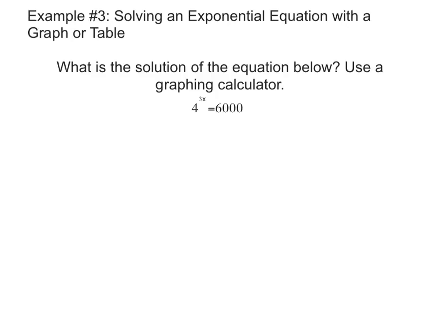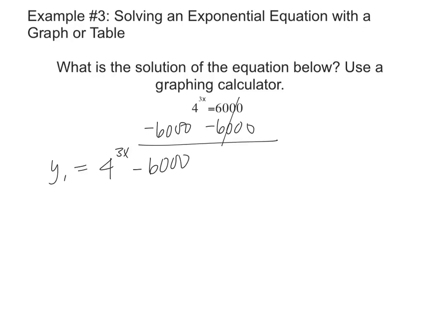So what we have is 4 to the 3x equal to 6,000. We've been doing this for quite a while now. What we would do is subtract 6,000 on both sides. And what we would type into the y1 section of our calculator is 4 to the 3x minus 6,000. So if we type that in, 4 to the 3x minus 6,000, we would then do second trace, left bound and right bound.